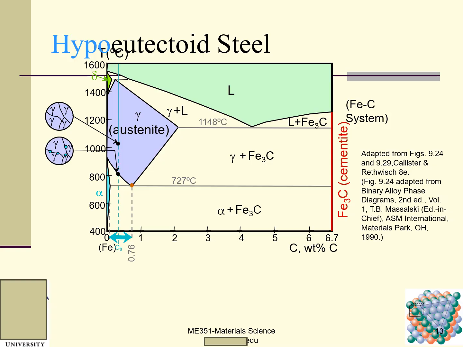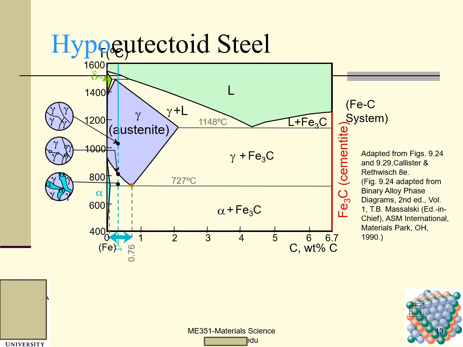And here we will have some tiny circles, and this is alpha plus gamma. So here you can see this is alpha, this is gamma. I'm sorry, gamma plus cementite.